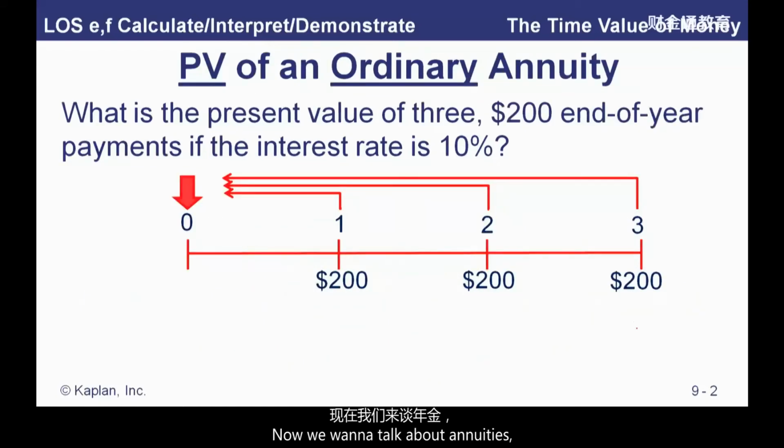Now we want to talk about annuities, series of equal payments. So we've got a simple annuity here. We call it an ordinary annuity because it starts 1 period after today. So the first payment goes in 1 year from today, second one 2 years from today, third one 3 years from today.